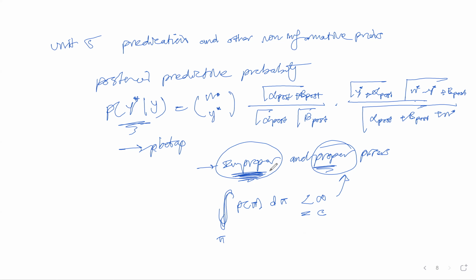You should be very careful when you work with an improper prior. You need to make sure that the posterior is proper. Then you can estimate the population proportion by the posterior mean, posterior mode, or a credible set, or find probabilities using the posterior distribution. But if the posterior distribution is improper, you cannot do anything with it.